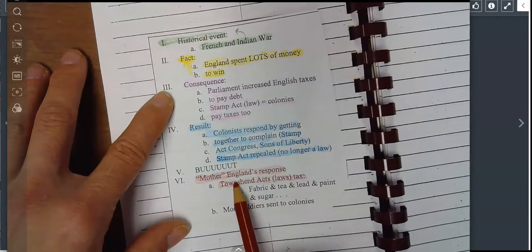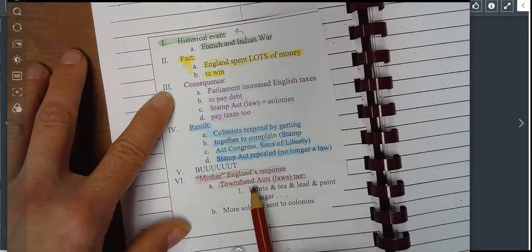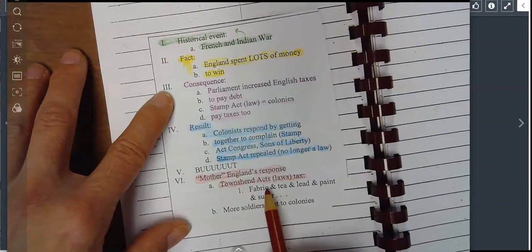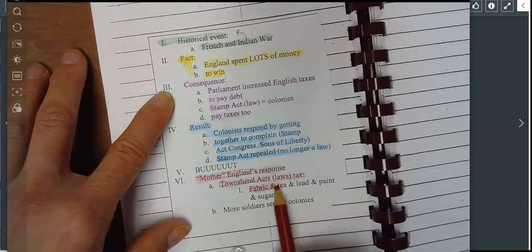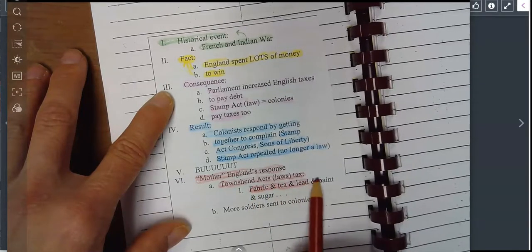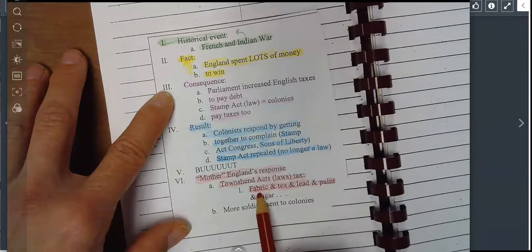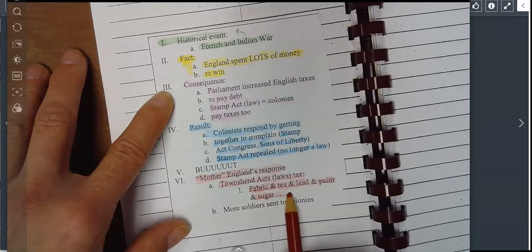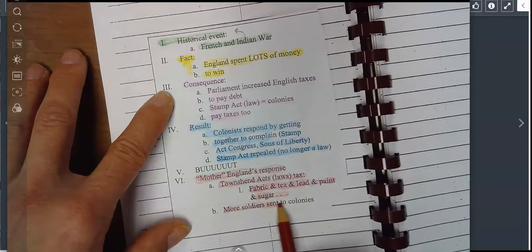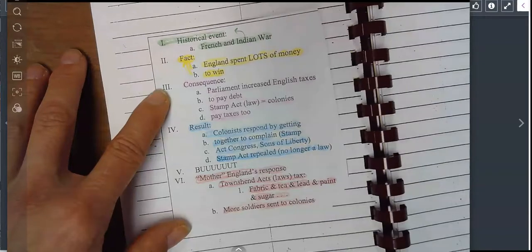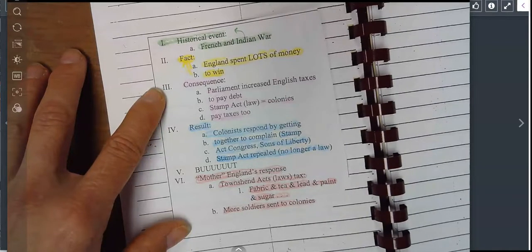So Mother England says, okay, you don't have to pay the stamp tax, but we're going to make new taxes. You will now have to pay taxes on fabric and tea and lead and paint and sugar and lots of other stuff. And what are we going to do to make sure that you pay those taxes? We are going to send more soldiers to the colonies.